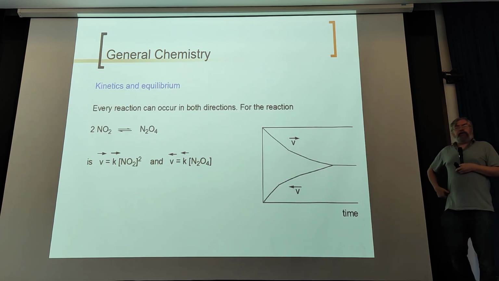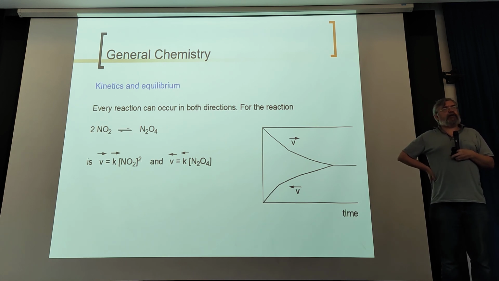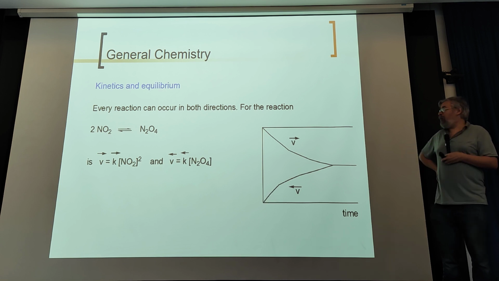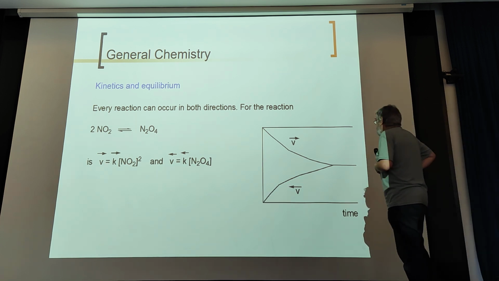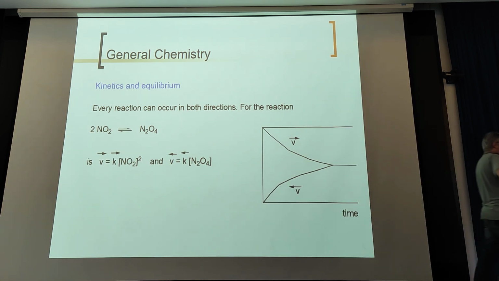Now we can also look at the previous chapter, kinetics, and see, okay, is there any relation between the kinetics and the equilibrium? And I can tell you that there is, because the equilibrium is dynamic. So we have two reactions going on at the same time, and they keep each other in balance, in equilibrium.